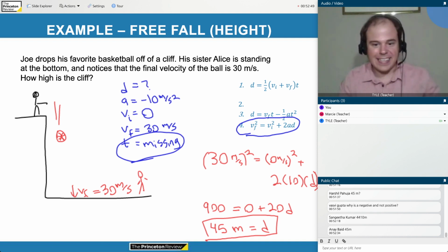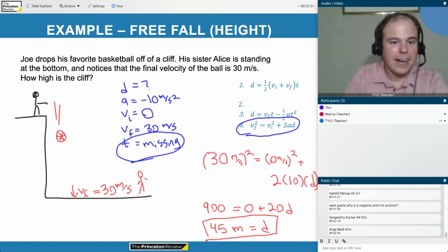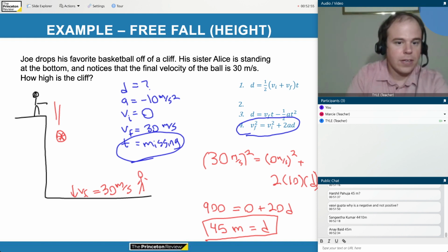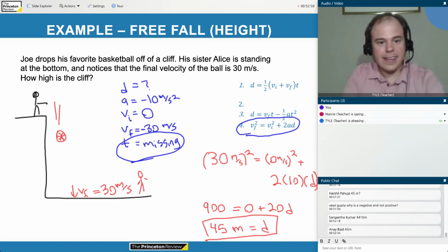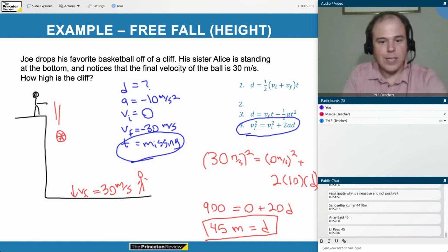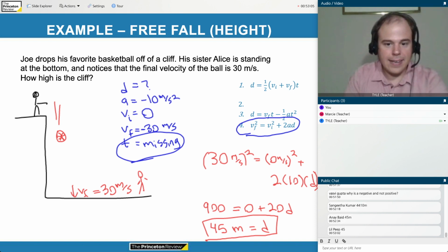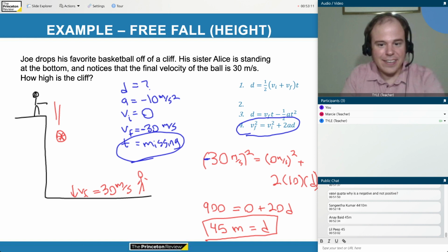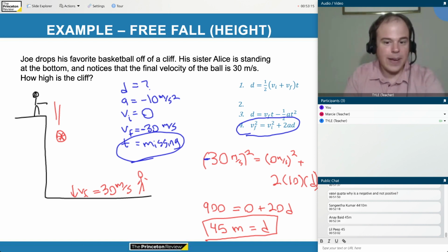But it's a very good point that if we wanted to, we could call the final velocity negative, because the ball is moving down when it hits the ground. Then we would get a negative 30 inside of this expression. When it gets squared, it's still positive.